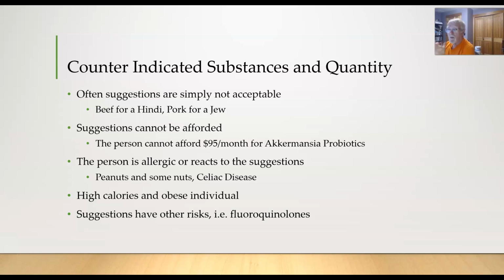It is a matter of the medical professional treating the person to be aware of them and exclude certain items if they have a health issue. Other classic ones are high calories and an obese individual. In other cases, when you come over to antibiotics or other drugs, there are other risks, like fluoroquinolones, which are very notorious for causing all sorts of long-term lasting problems with muscles.